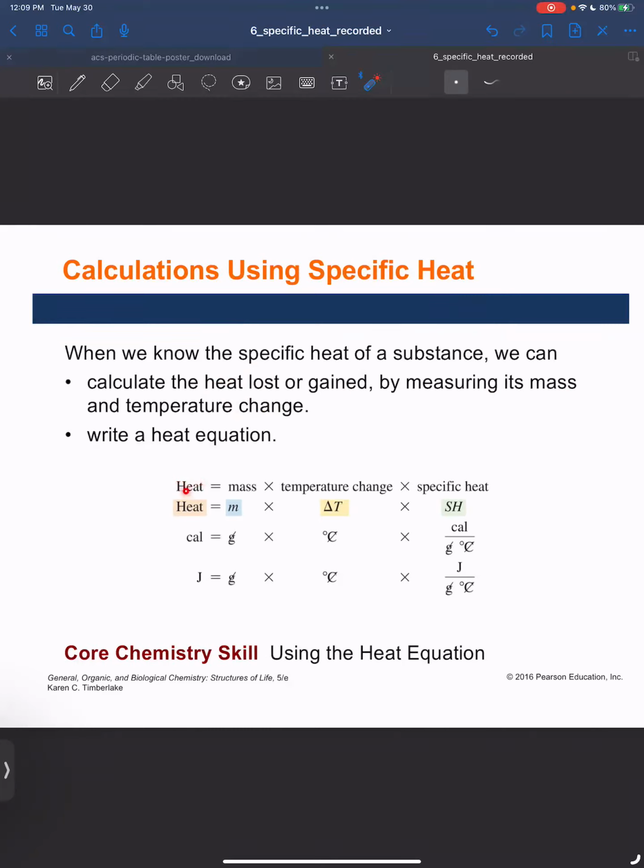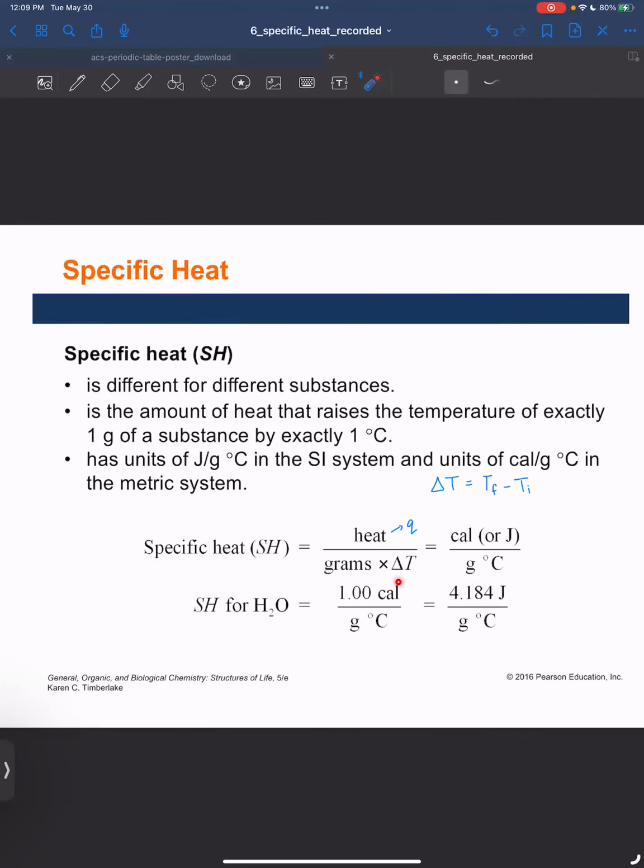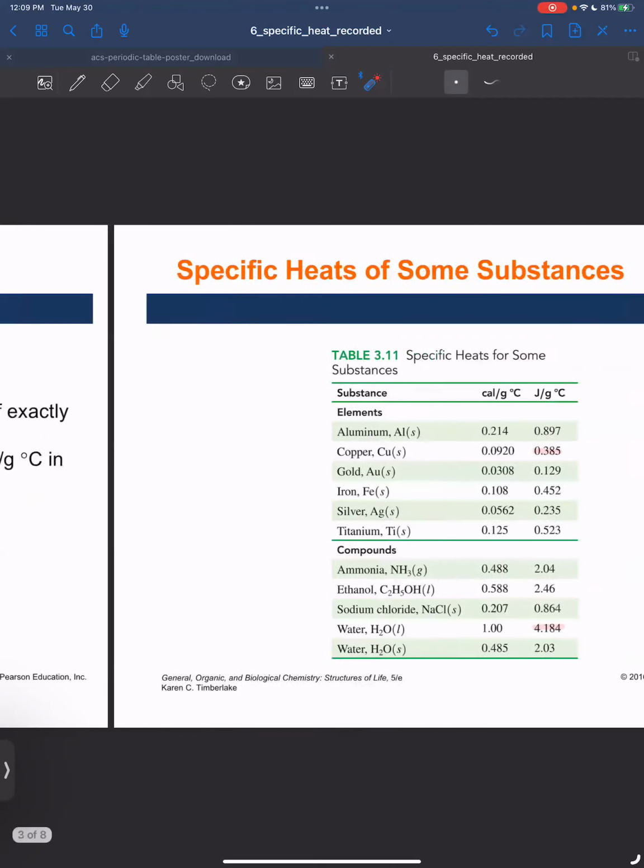So heat, remember, is Q, is equal to mass times the change in temperature times specific heat. This is the specific heat formula we saw earlier, rearranged to solve for Q. So if we go back and look at the specific heat formula, that is this formula rearranged and solved for Q.